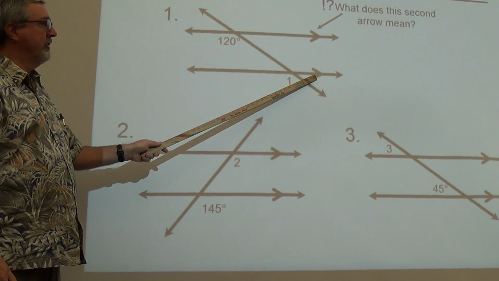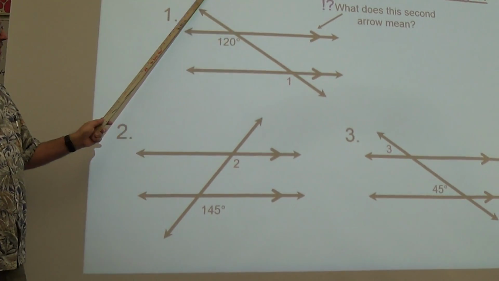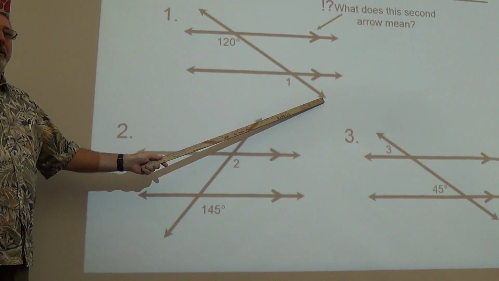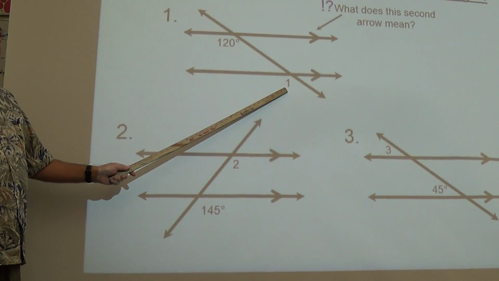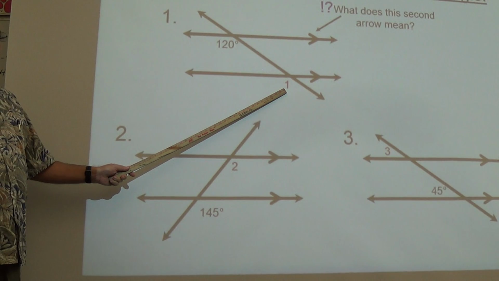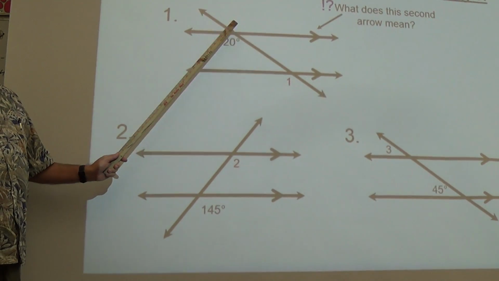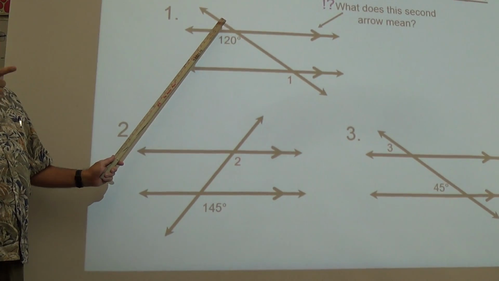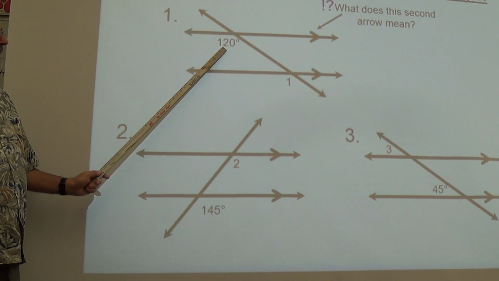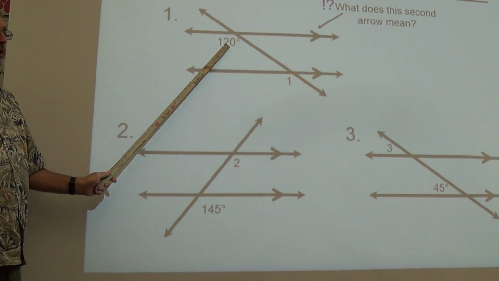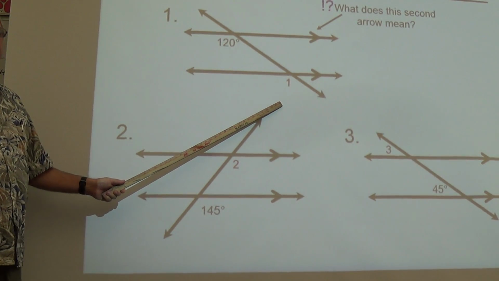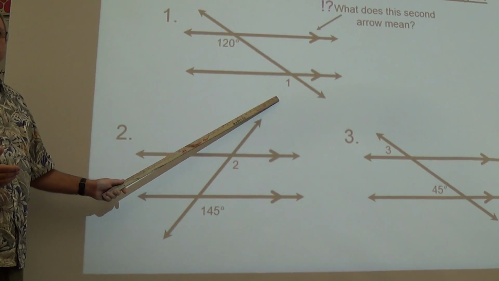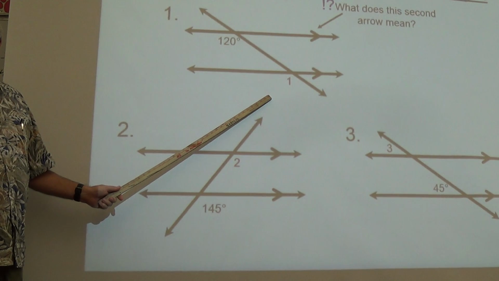So if these 2 lines are parallel, this is your transversal that cuts these parallel lines. These two angles would be called what kind of angles? Corresponding. David, yes, corresponding angles. So these two are corresponding angles. If these two angles are corresponding angles in a set of parallel lines cut by a transversal, that means these two angles are what, Alex?